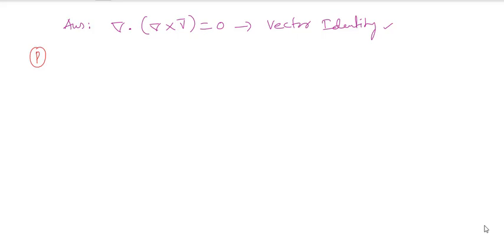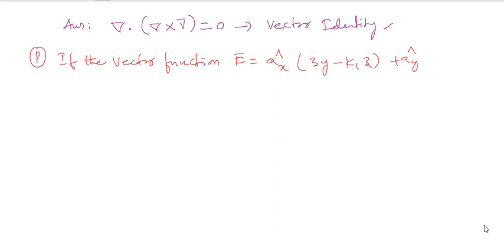Take a question: if the vector function f bar is equivalent to a x cap into 3y minus k1 z plus a y cap into k2 x minus 2z plus a z cap into k3 y plus z, it is irrotational.